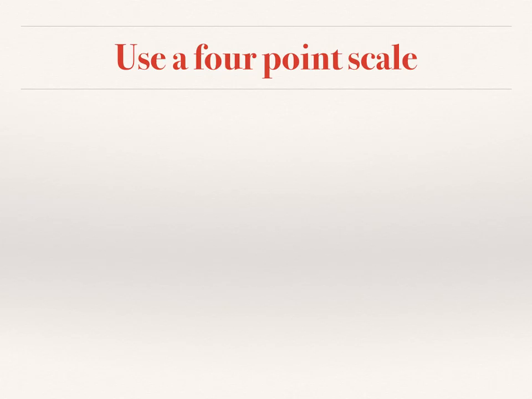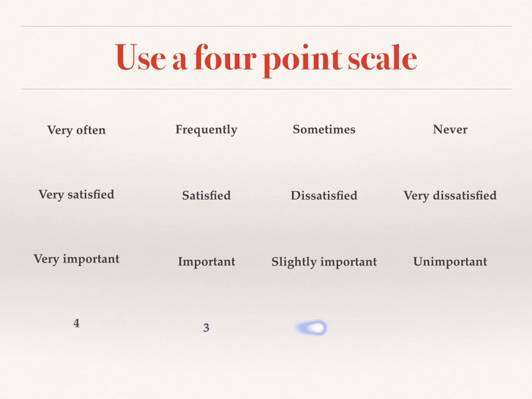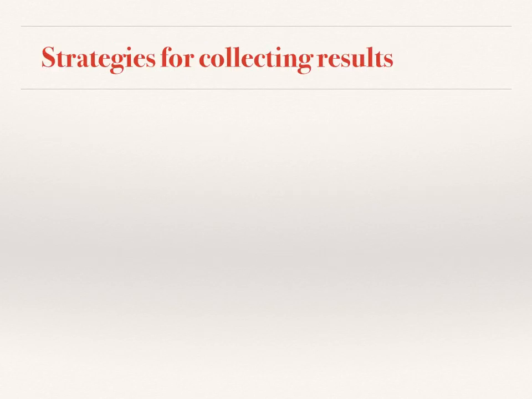You can use other words that ask questions regarding how often, how satisfied, how important, or simply 4, 3, 2, 1, with 4 representing the top score, such as very satisfied, and 1 indicating the bottom score, such as very dissatisfied.